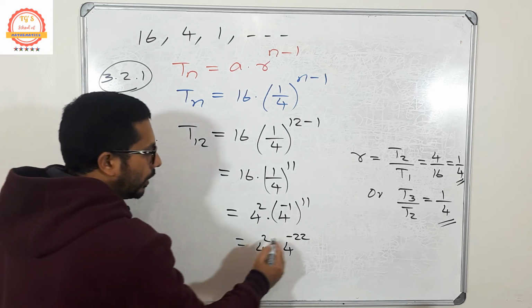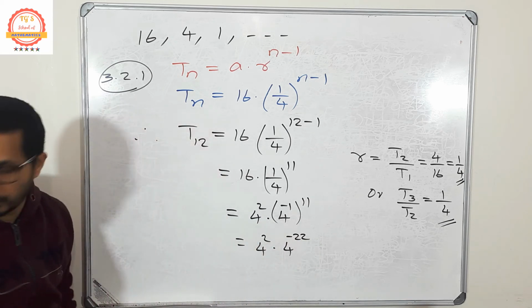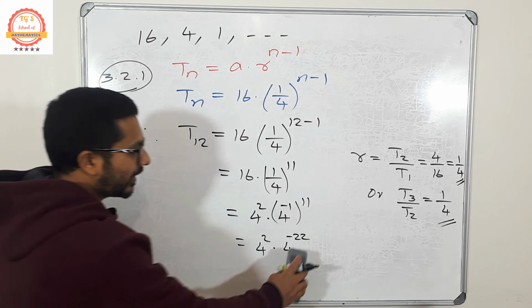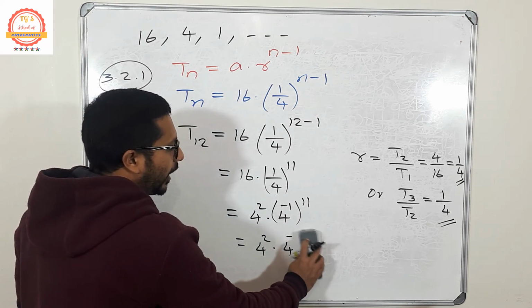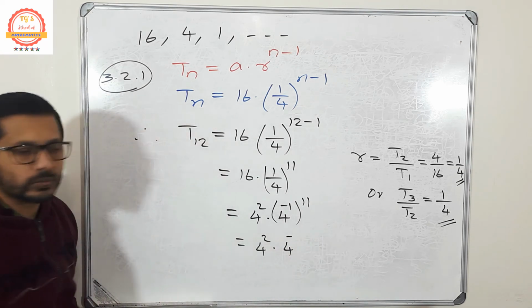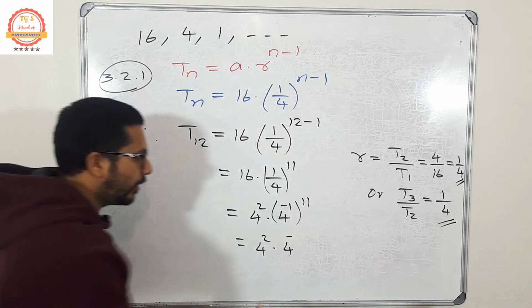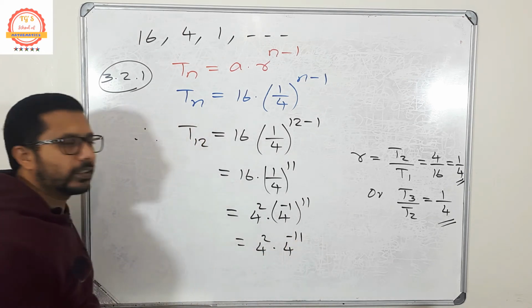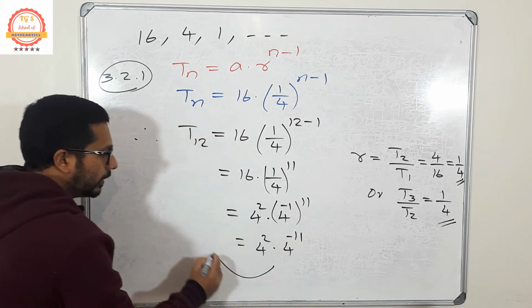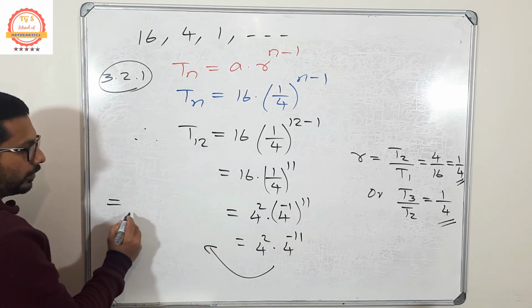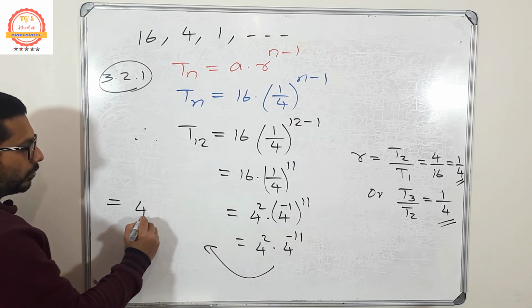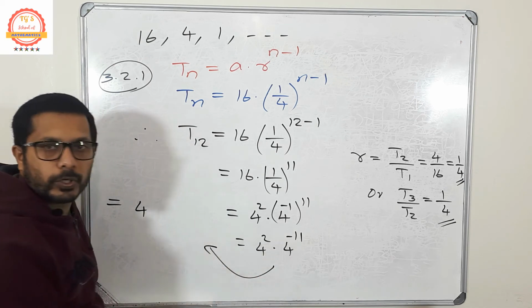Sorry, minus 1 times 11. What is the answer? Minus 11. Let me write the answer here. That is equal to 4 raised to, now you know the exponential rule.